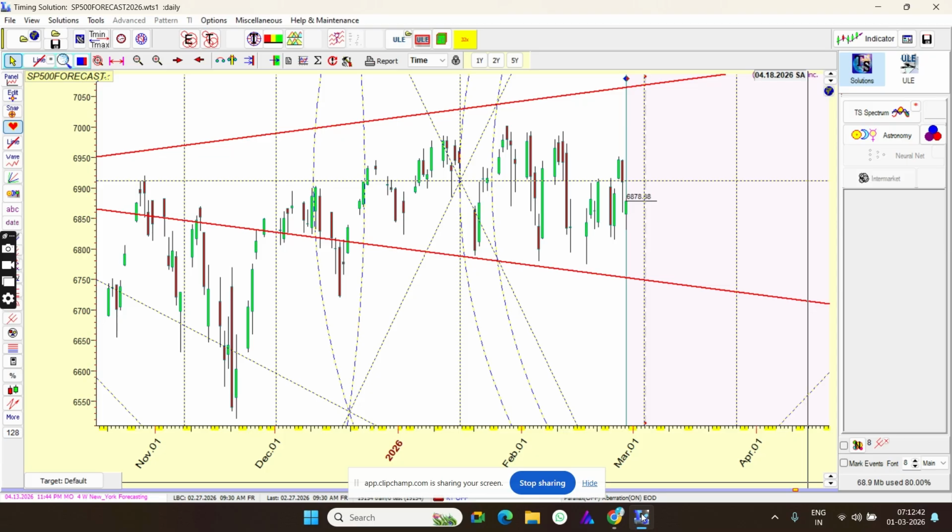Today we are going to analyze the S&P 500 index, US markets. So this is the daily chart. We did a forecast on the S&P 500 early at the start of the year.